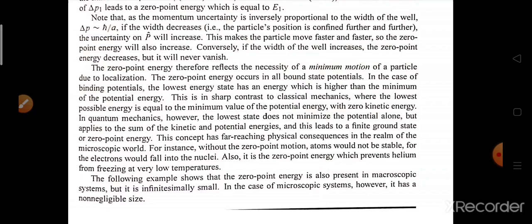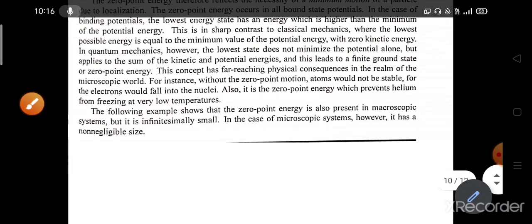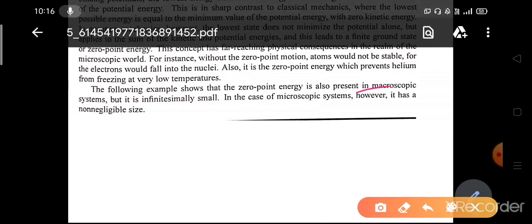That's why this is called the zero point energy, and it reflects the necessity of a minimum motion of a particle due to localization. This zero point energy occurs in all bound state potentials. In the macroscopic world it is infinitesimally small, because quantum effects are observable only at the atomic, microscopic level.